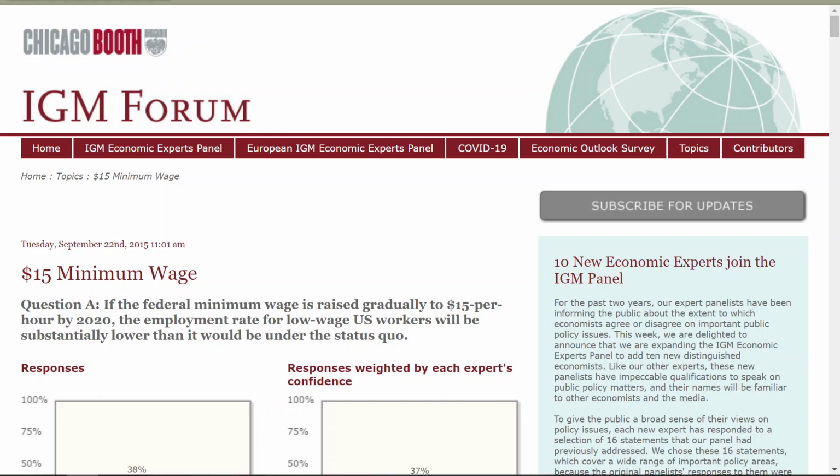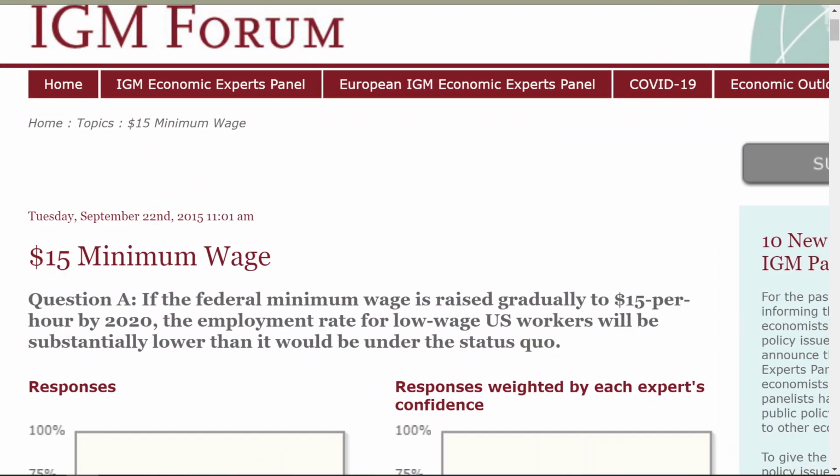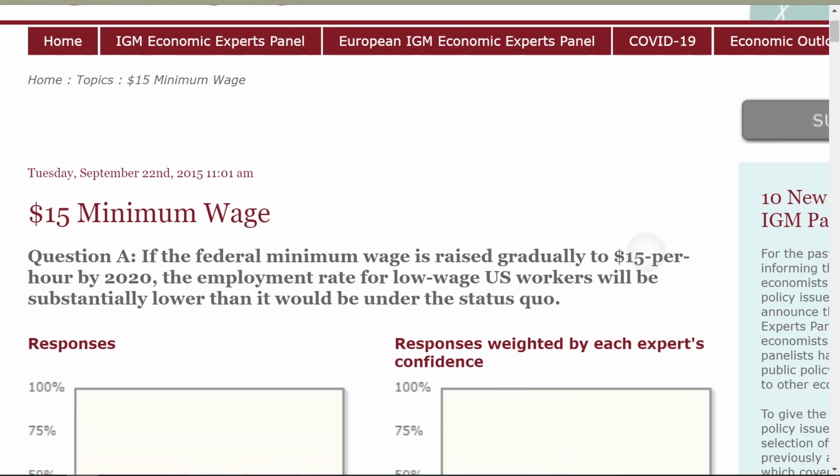They are given these propositions and they have to decide based on their knowledge, evidence and research whether they agree or disagree with any given proposition. So this one, from 2015, says if the federal minimum wage is raised gradually to $15 an hour, the employment rate for low-wage workers will be substantially lower than it would under the status quo.